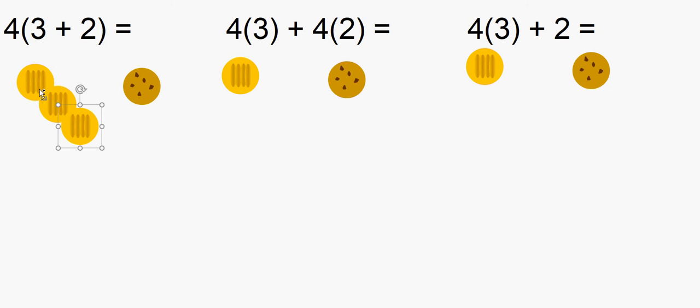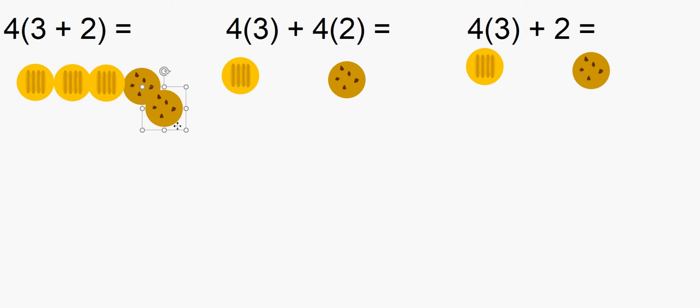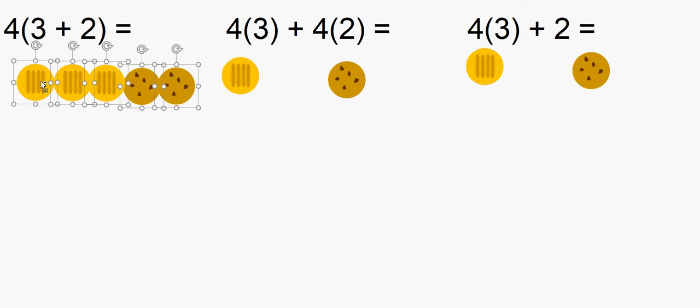3 cookies and then add 2 more cookies. So I have 5 cookies, and so 3 plus 2 is 5. Then it says multiply that by 4. I want 5 cookies 4 times.